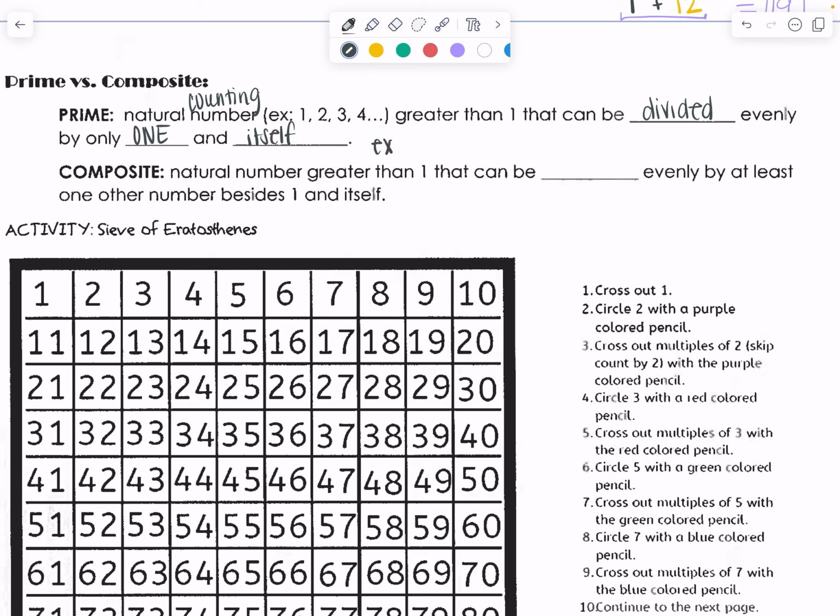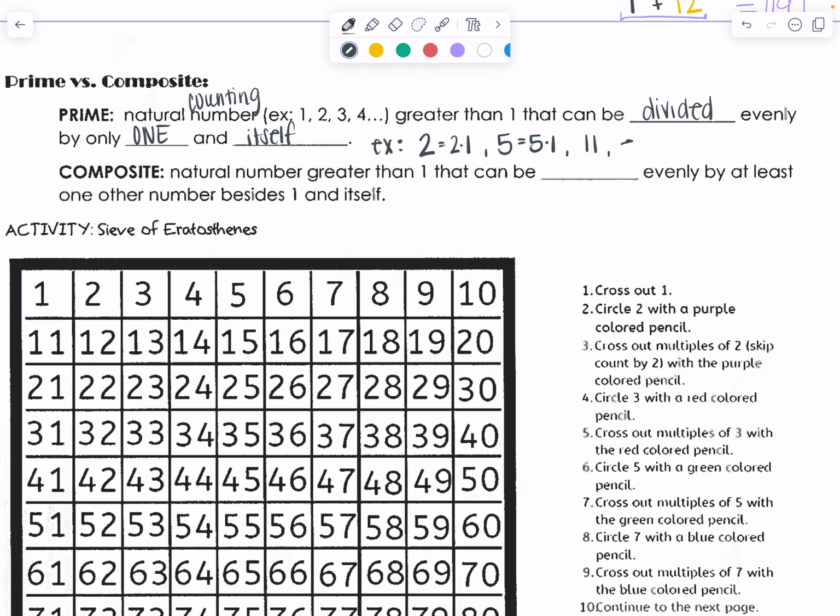So examples of prime numbers, 2, because 2 is only divided by 2 and 1 evenly. Another one is 5, because I can only write 5 as 5 times 1, or I can only divide it evenly by 5 and 1.